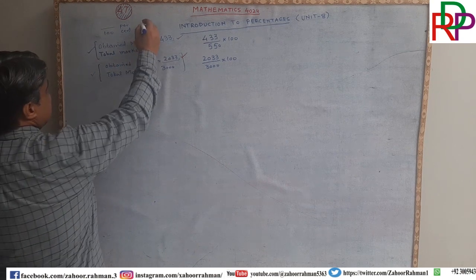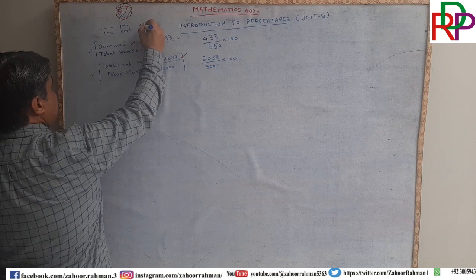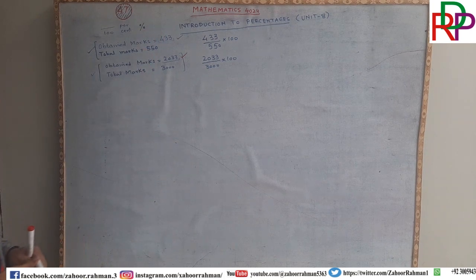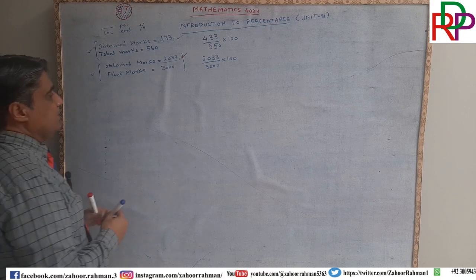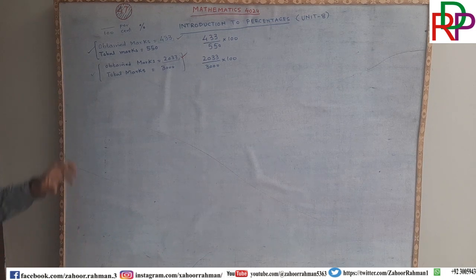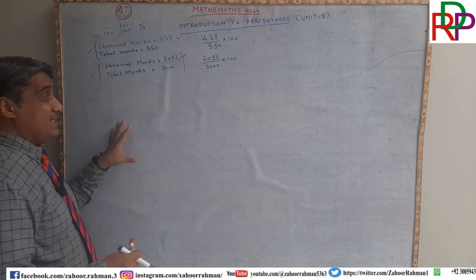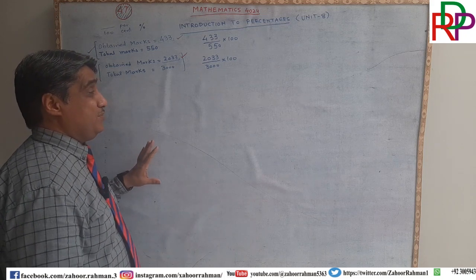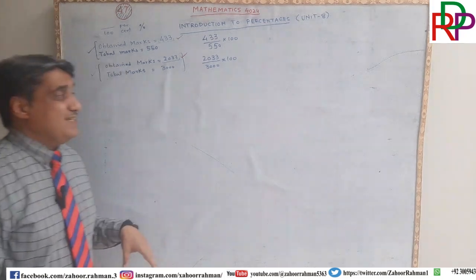And for percent we are using this symbol. This is not the division symbol. This is the percent symbol. We have to talk a lot about this percentage. There is much confusion while solving questions relating to percentages in the subsequent lectures.